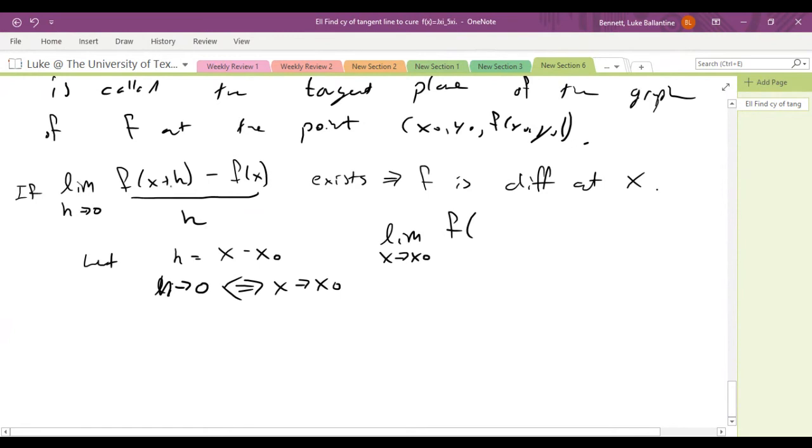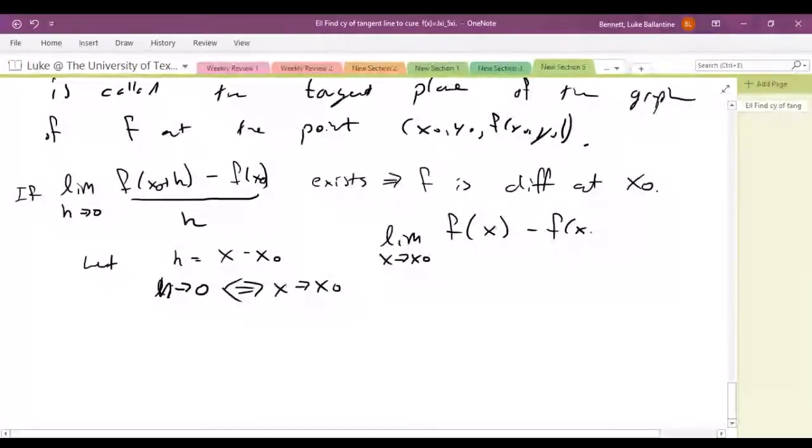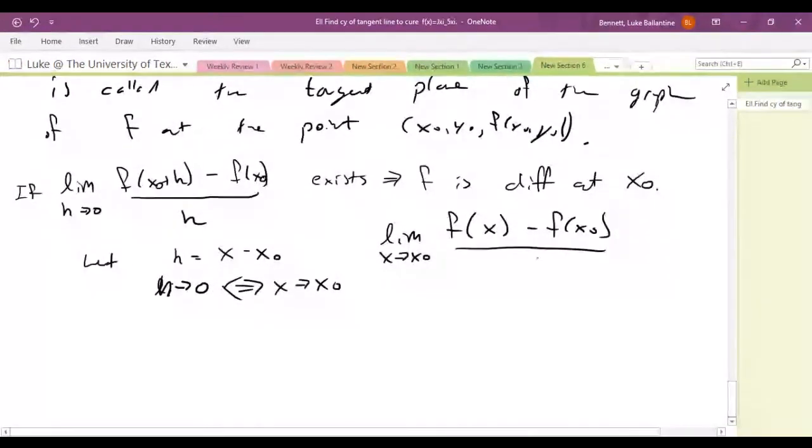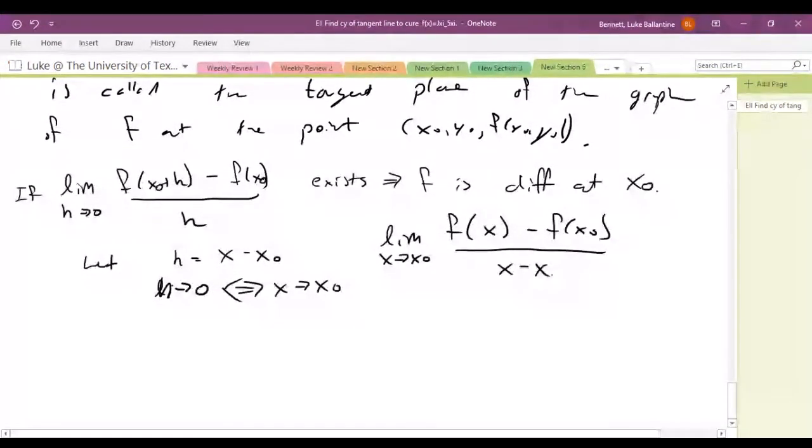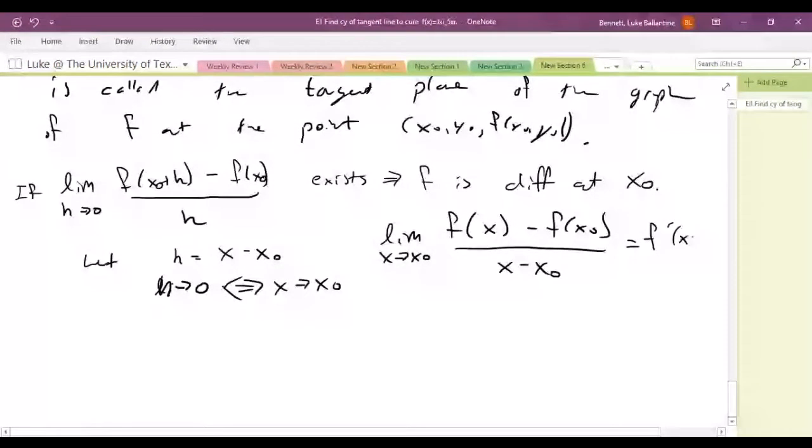Yeah, do it like this: x naught, x naught, x naught. So that way, when we plug in x minus x naught, the x naughts will cancel, and then we just get f of x minus f of x naught over x minus x naught. And this is equal to f prime of x naught.